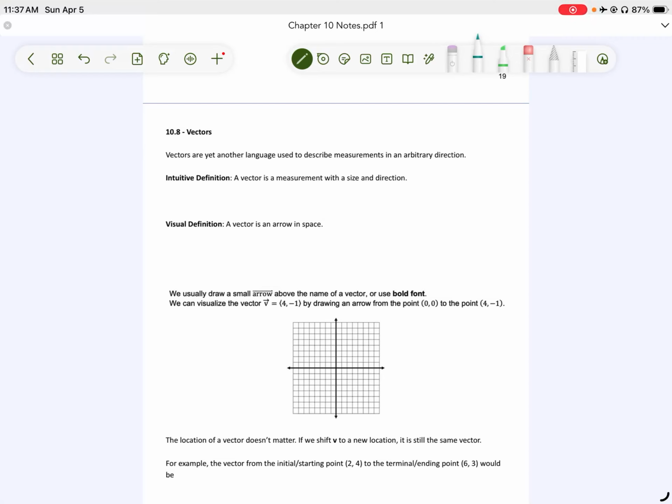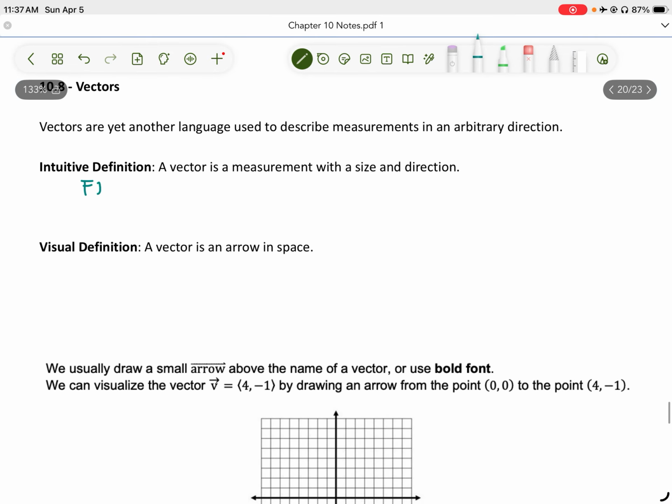The last section in chapter 10 is where we talk about vectors, which will come up a lot in physics. Vectors are just another way to describe measurement in some sort of direction. Intuitively, think about force or velocity. With force, you're pushing or pulling in a direction.